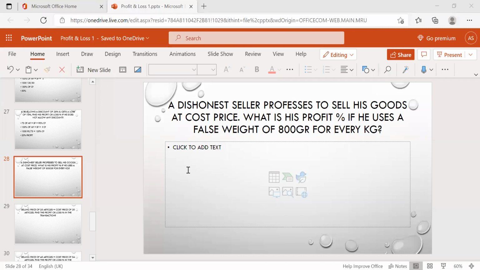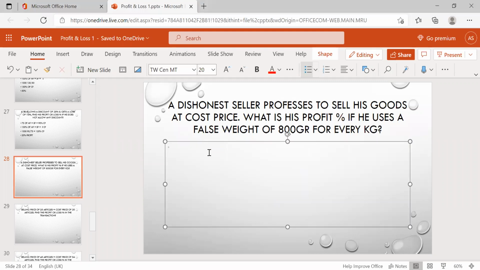This is nothing but an error value problem. So the profit percentage is equal to error value by true value minus error value, into 100.